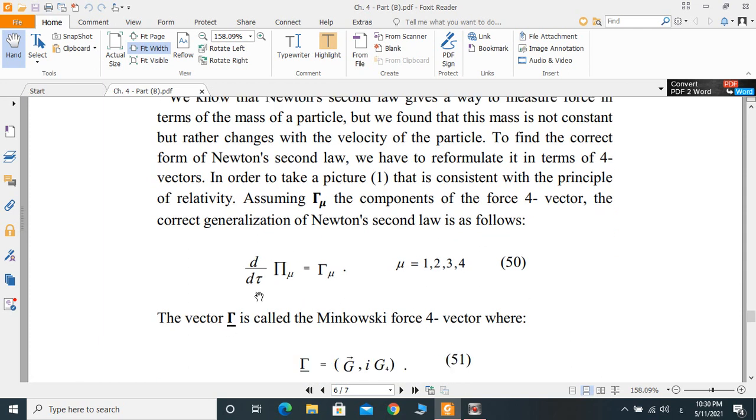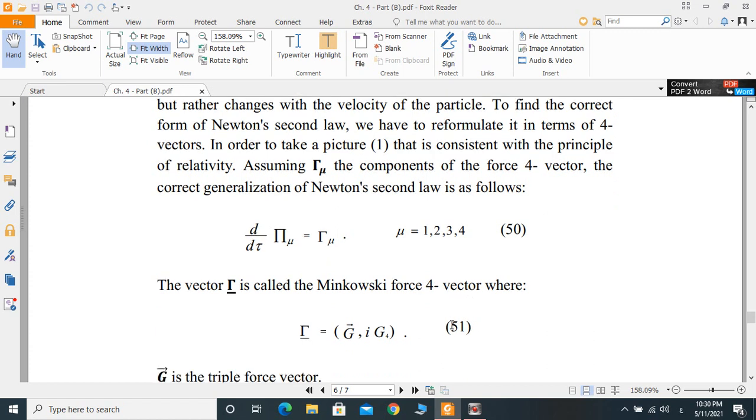The vector gamma is called the Minkowski force four-vector, and gamma equals G and iG4. G is a triple vector, and G4 is the fourth force component of gamma.